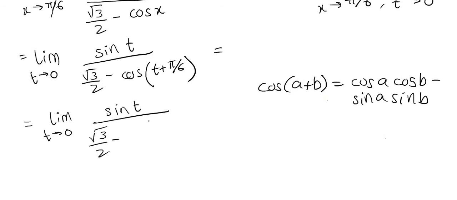I'm going to use the same thing. So cos of t plus pi by 6 is cos t times cos of pi by 6, which is root 3 by 2. Now this minus and this minus, they'll become a plus sine t, sine of pi by 6 is just 1 by 2. I'll just multiply it there.